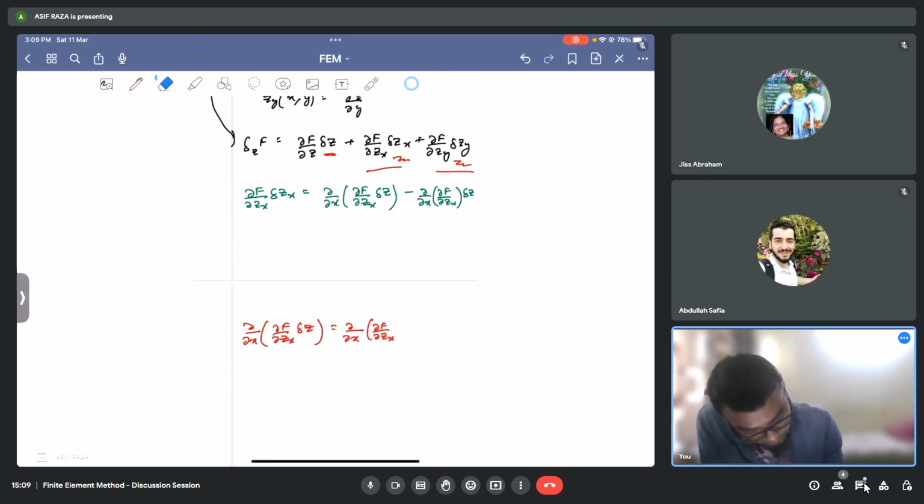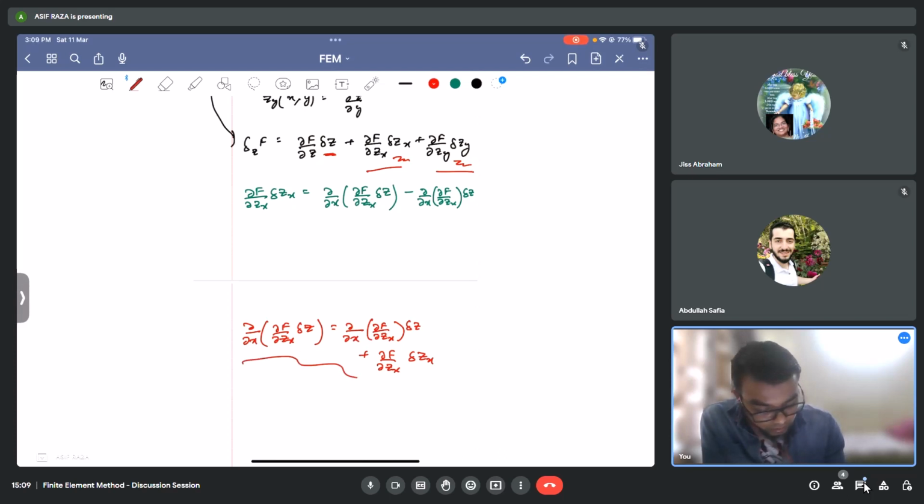So this is the equation, and we need to substitute for this part here, right?